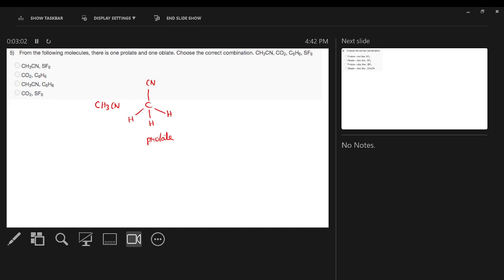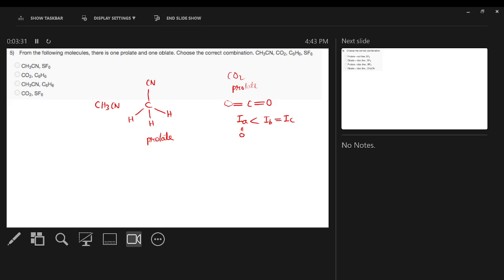The second molecule CO2 we saw also comes under the prolate category. It is a linear structure, and we saw the condition IB equal to IC, and that IA becomes 0.